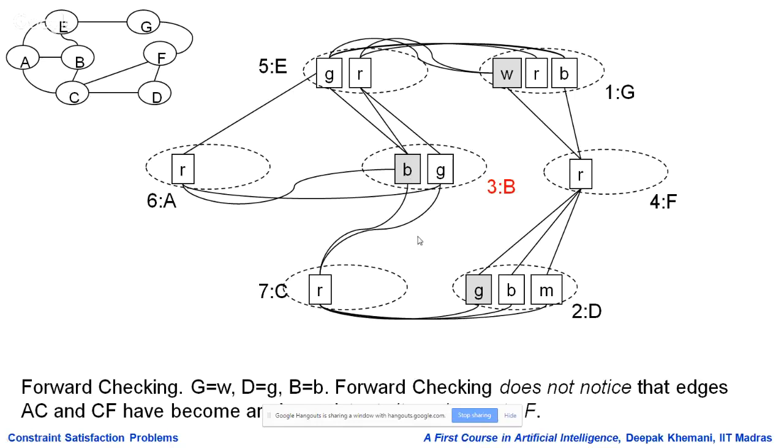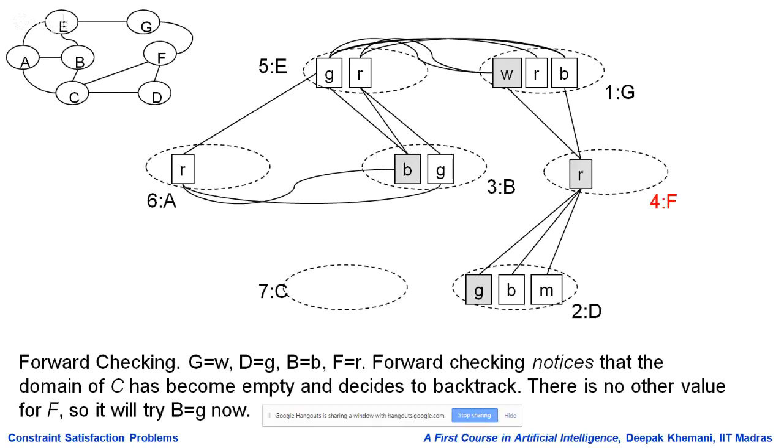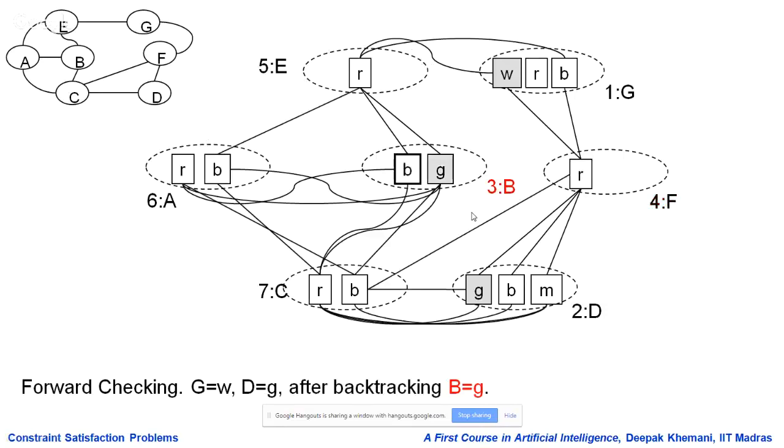So by the time we try value R for country F, we have ended up making the domain of C empty. So the algorithm backtracks from variable 4 and goes back to a different value for variable 3.